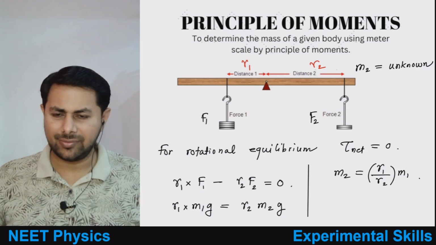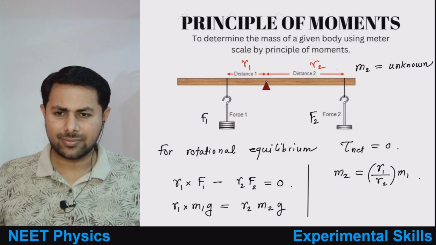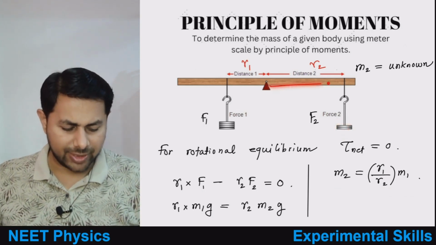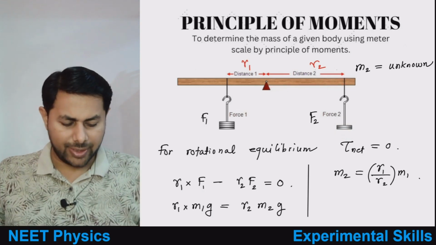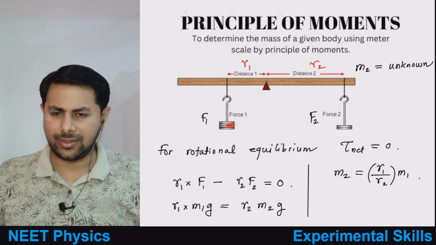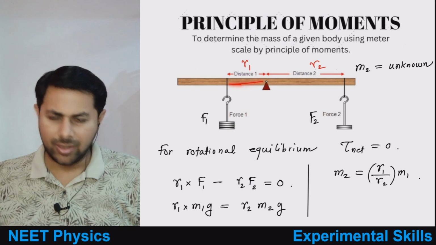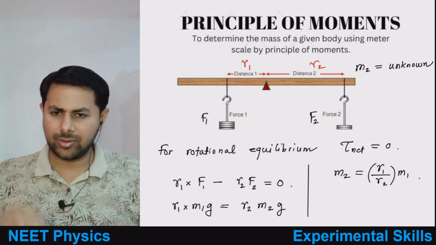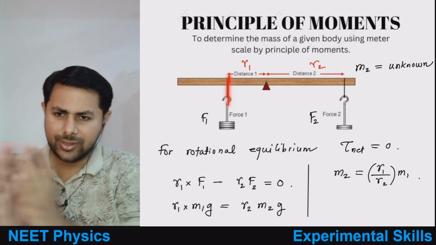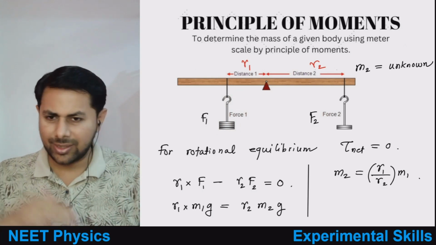Is this clear? Tell me. So there would be some unknown mass on one side, but the distance would be known, r2 would be known, and you put some weights on the other side. Those weights would be known, and you just find the distance. Or suppose you are given some weights and you shift this weight to such a location where it will be balanced.